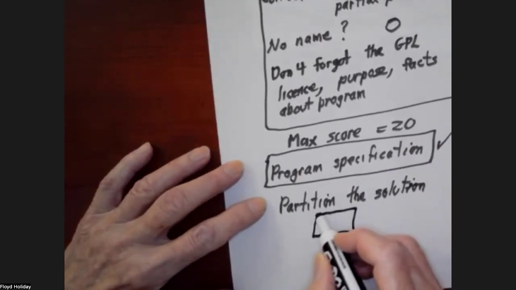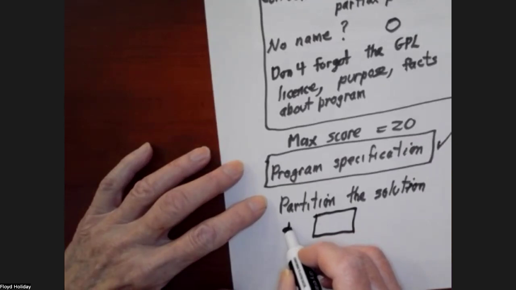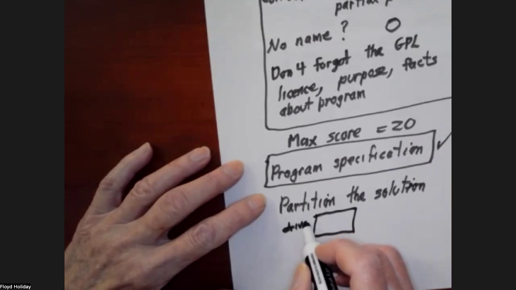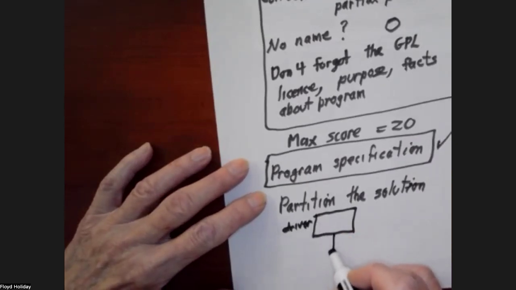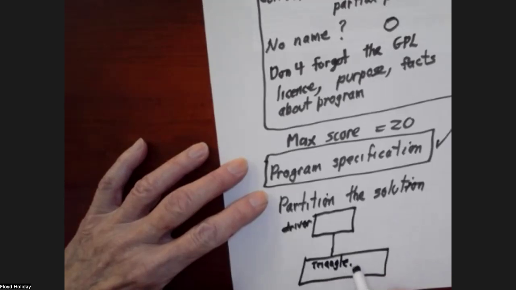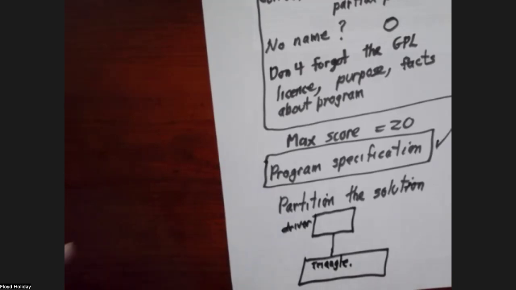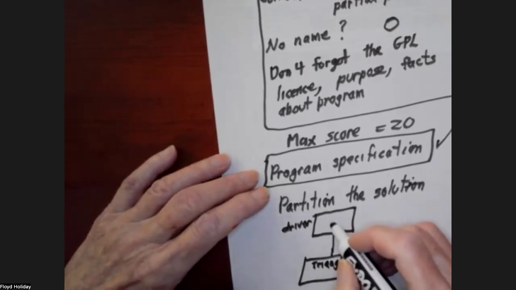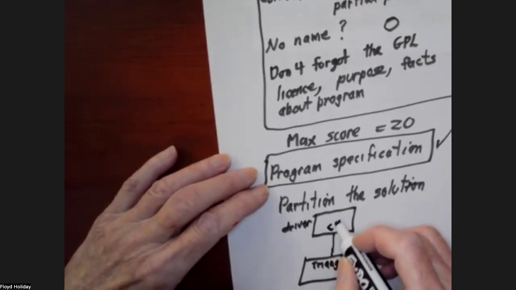So we're going to refer to this guy as the driver, and the driver at one point makes a call to triangle. In our realm, just for this classroom, this could be C or C++.